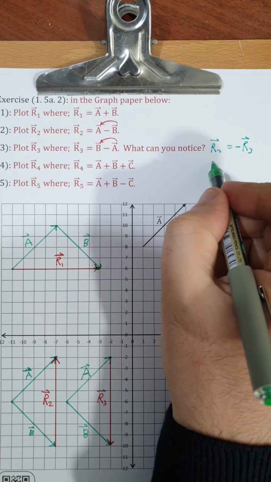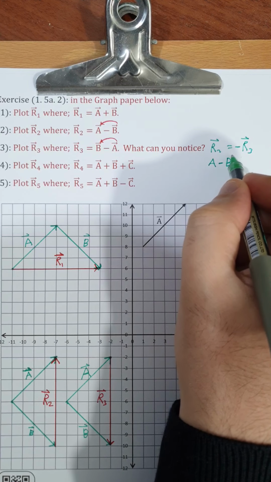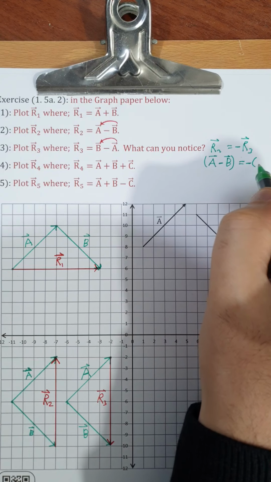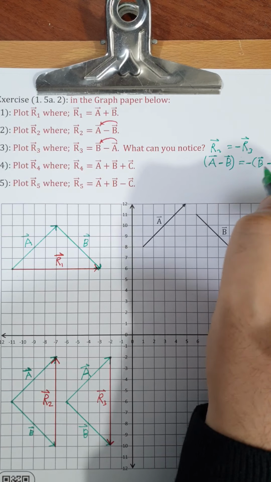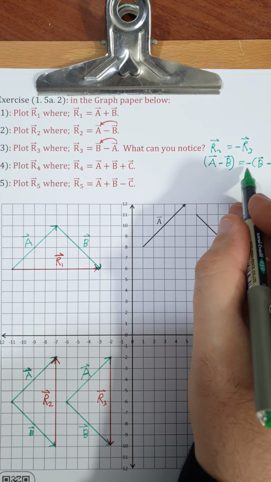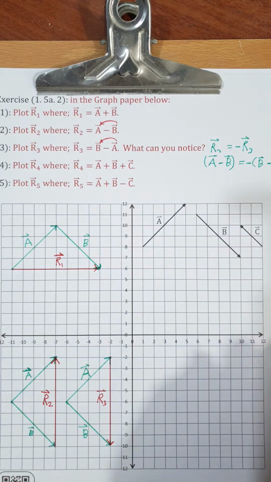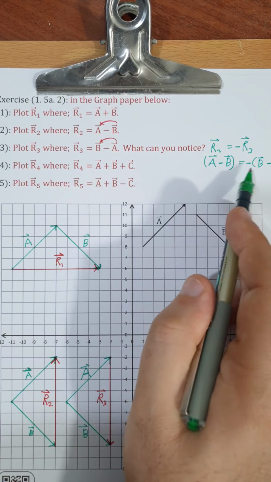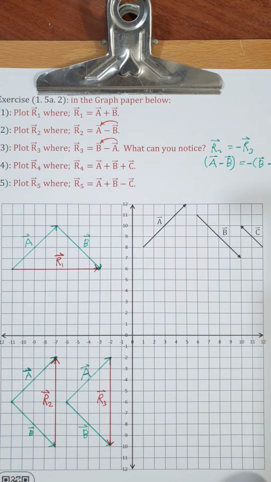So A minus B is the negative of B minus A. So A minus B doesn't equal B minus A. They are the negative of each other. So the subtraction is not commutative.